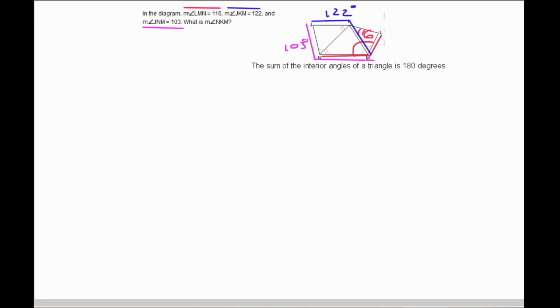So now we're going to start looking at some of these things to see if we can figure anything out. What immediately draws my eye is that I have LMN at 116 degrees. That's the whole angle here. And I have these congruency markers that tell me that this angle here and this angle up here are exactly the same, right? They're congruent. I'm just going to write K here real quick.